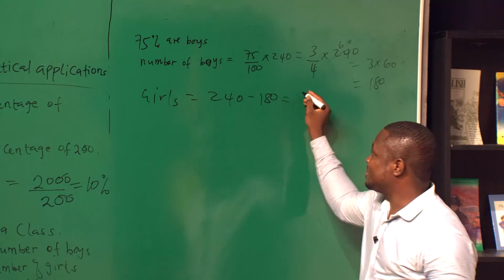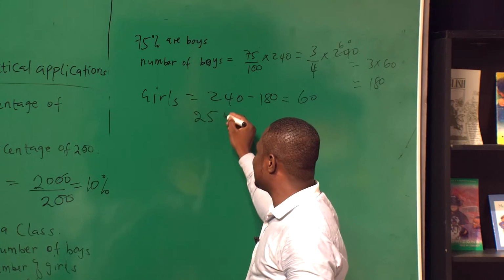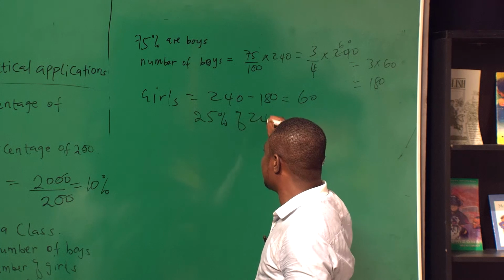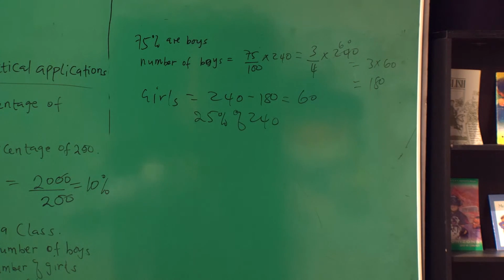So what's the answer? 60. See, it's the same as finding 25% of 240. If you also find 25% of 240, you should get what? 60. So the last question is saying express the number of girls as a percentage of number of boys.